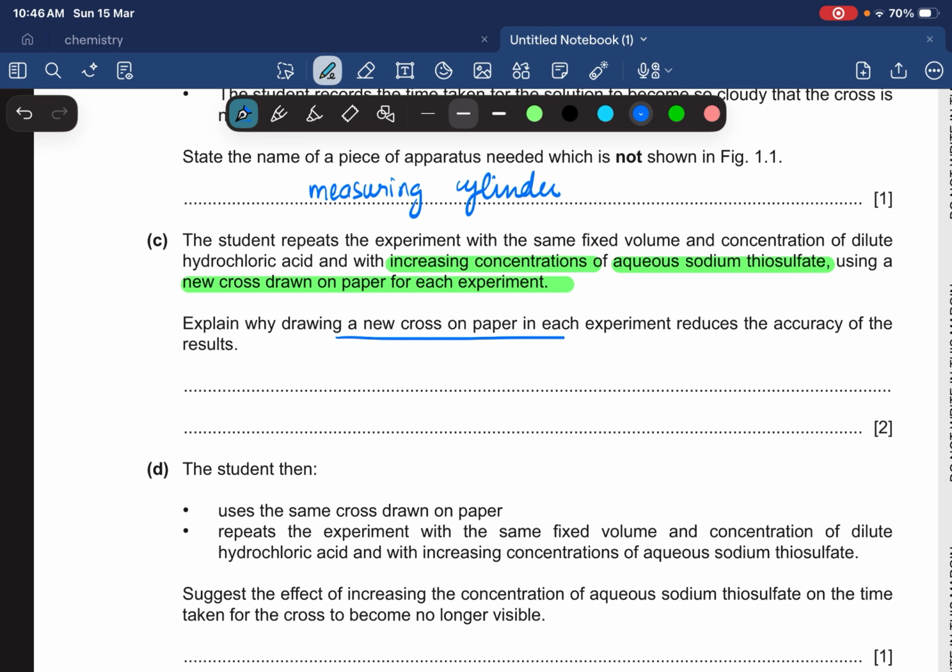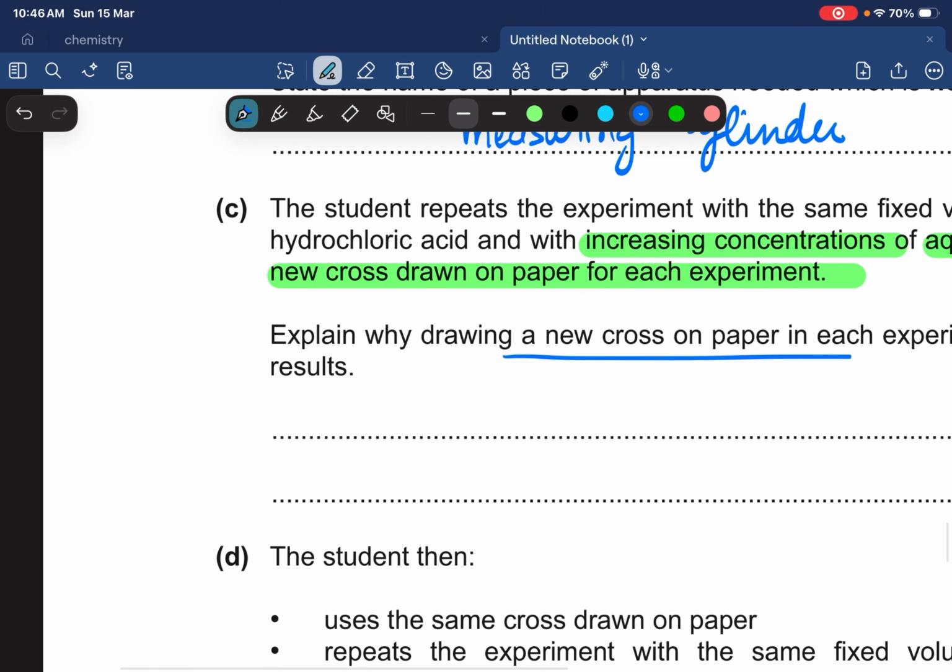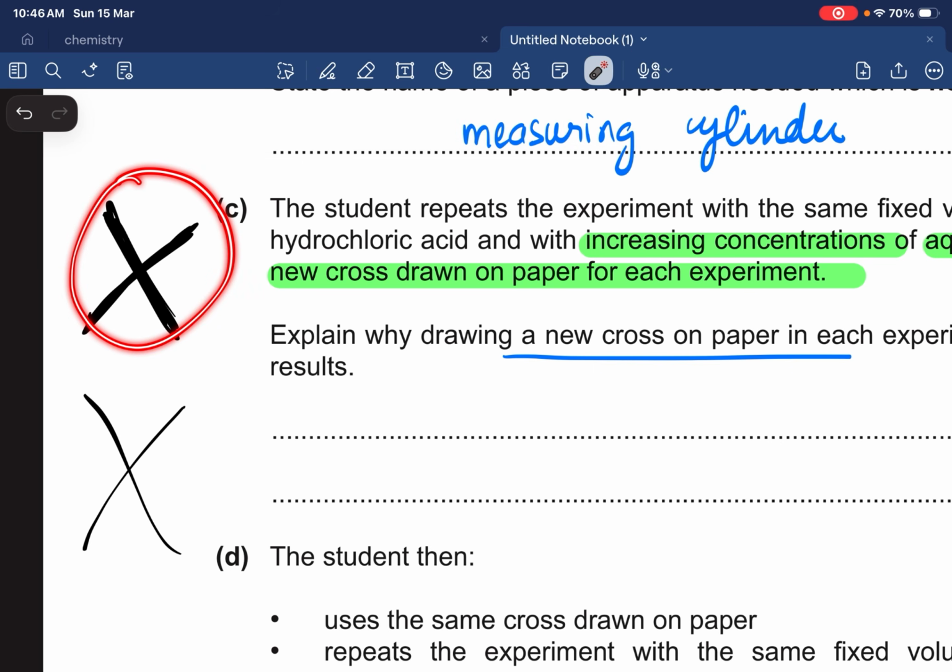If I draw two crosses and one looks darker and the other lighter, the lighter cross is going to disappear more quickly, while the darker one may take longer than usual to disappear. So the accuracy of the results may be compromised.